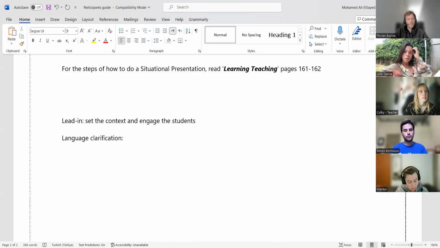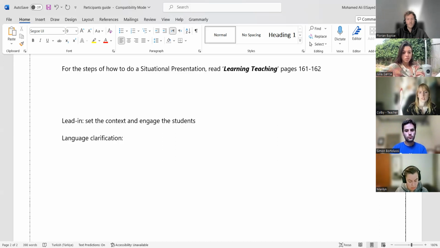He used the pictures to clarify 3 things: meaning, pronunciation, and form.